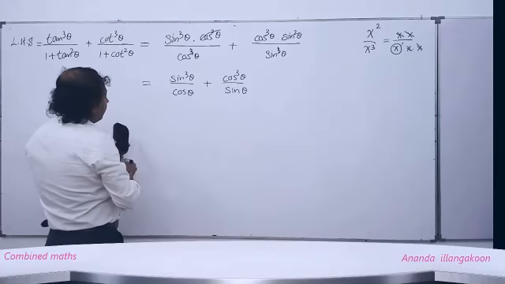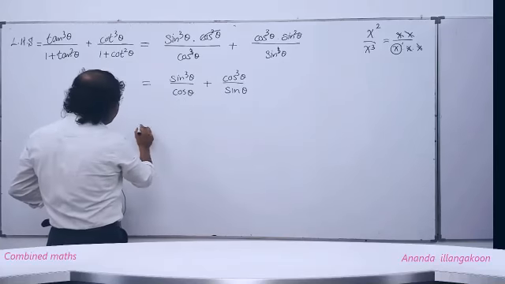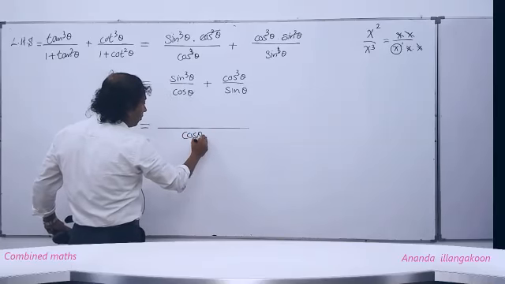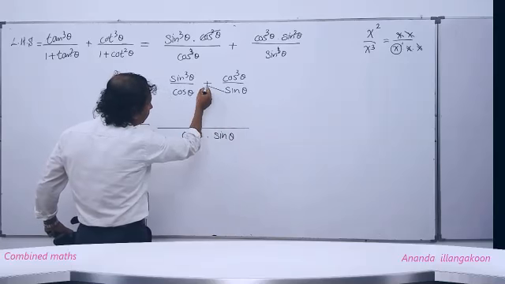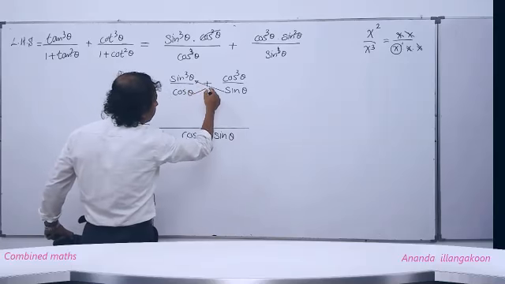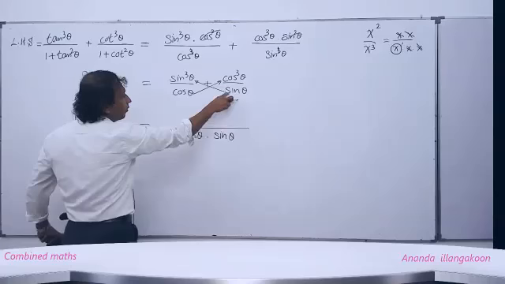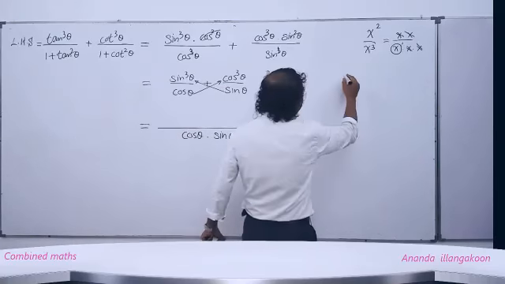Right now, people, when we take the product of this and this as the common denominator, cos theta multiplied by sine theta, we know by this we should multiply this, and by this we should multiply this. Sine cube theta multiplied by sine theta is like x cube into x, no?